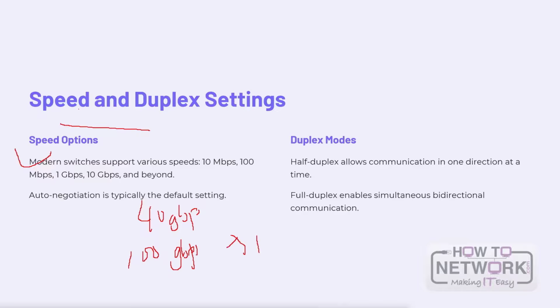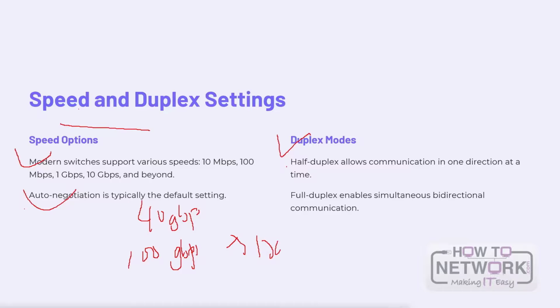So this is for the data center spine and leaf architecture. Auto negotiation is typically the default setting depending on the platform model of the device. Like for Cisco, some have auto negotiation enabled by default, some don't. Okay, so you have to consult the documentation.